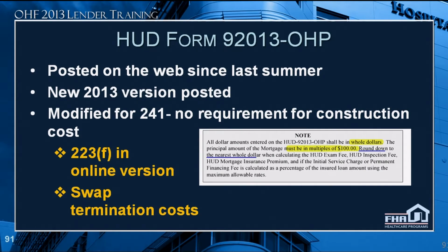We're just dealing with even dollar amounts. And the mortgage amount has to be in multiples of $100. Sometimes that comes up as a question. And then finally, what happens when I'm calculating my fees and percentages? We're rounding down to the nearest whole dollar throughout the entire form.